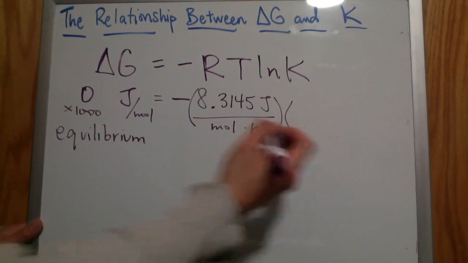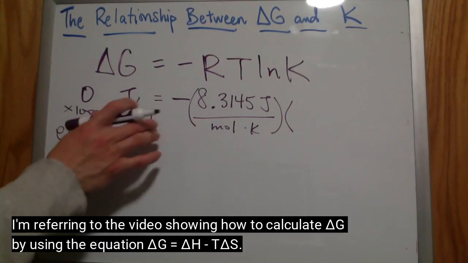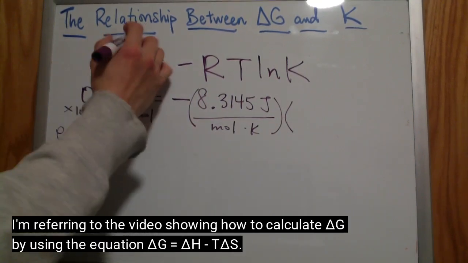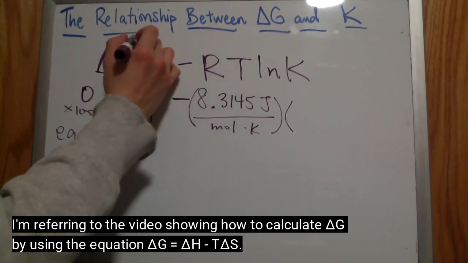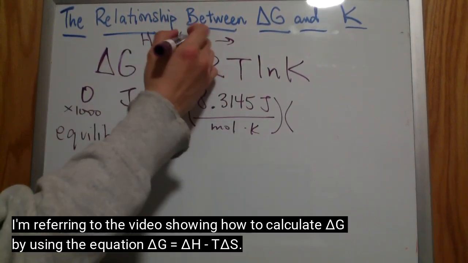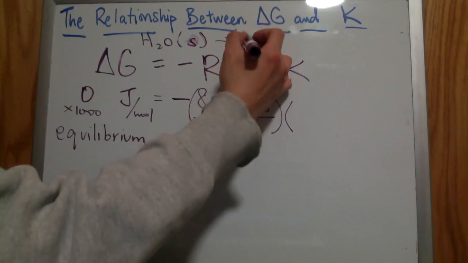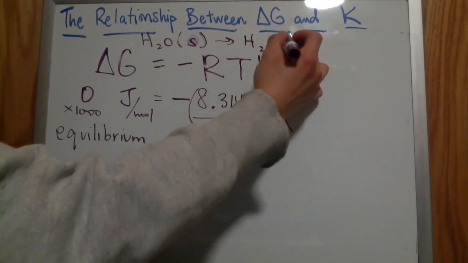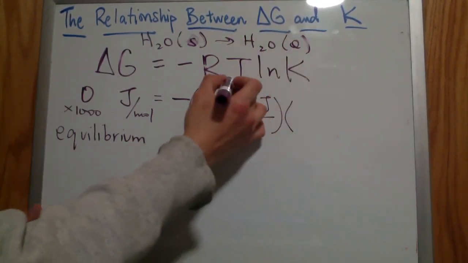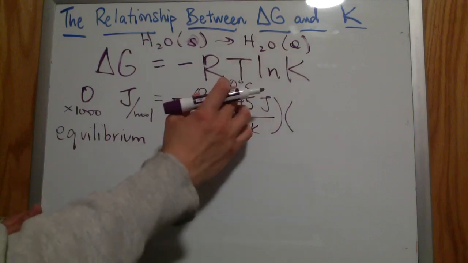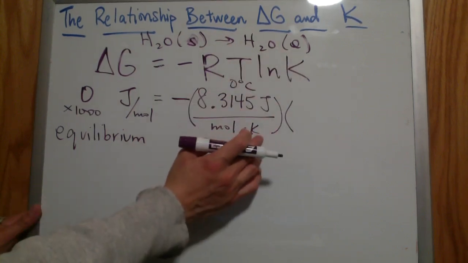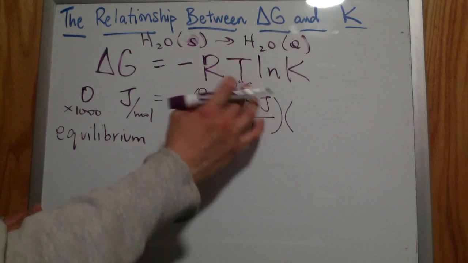And then the T. On the other video that we had from the other day, the temperature for H2O solid ice melting was at 0 degrees Celsius, or at equilibrium. So we have to convert this to make the units match for Kelvin. So the temperature needs to be in Kelvin.